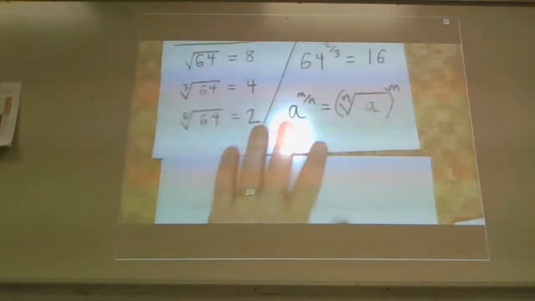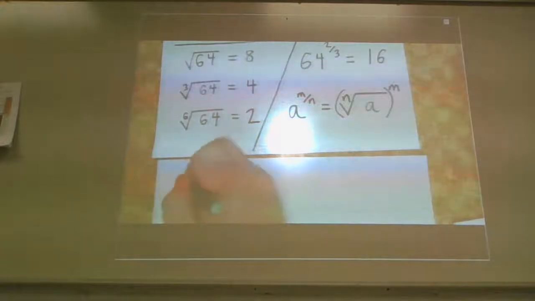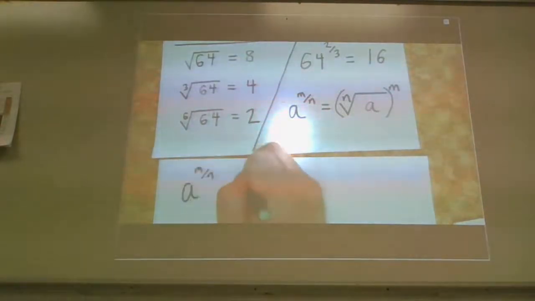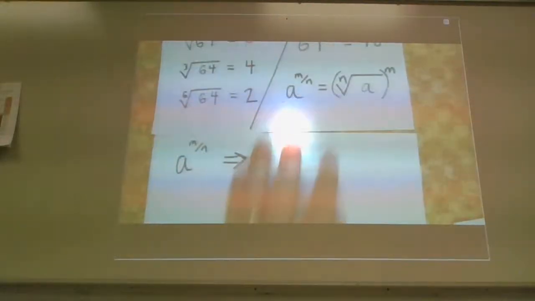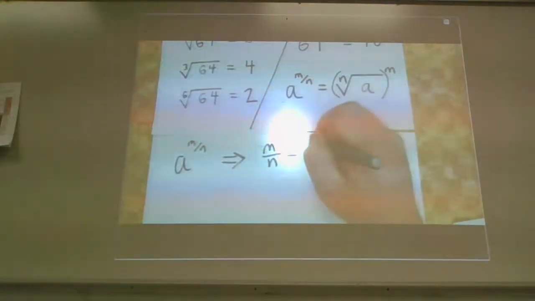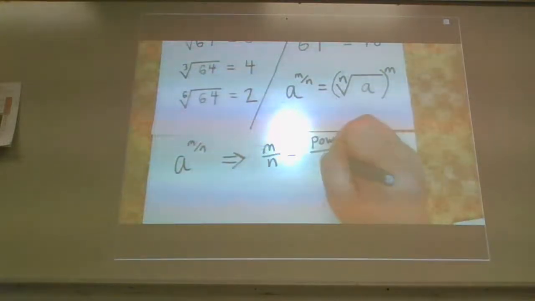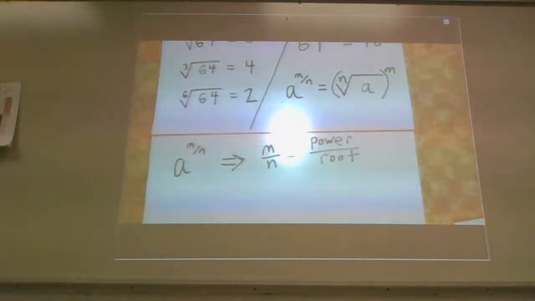In fact, I just want you to imply this over here. Check this out. M over n is equal to the phrase power over root.